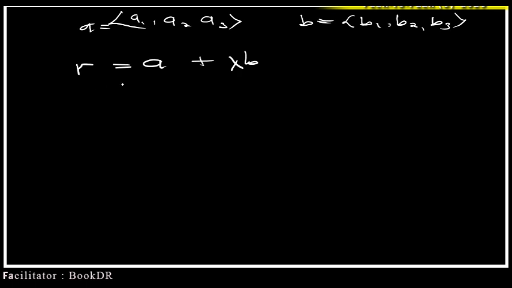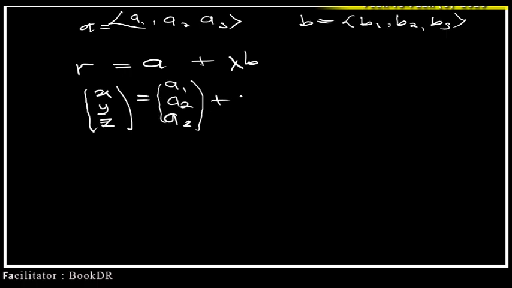Since r is also a vector, let's denote its coordinates with x, y, z. Then the coordinates of a, let's write it in column form, a1, a2, a3, then plus lambda multiplying the coordinates b1, b2, b3.